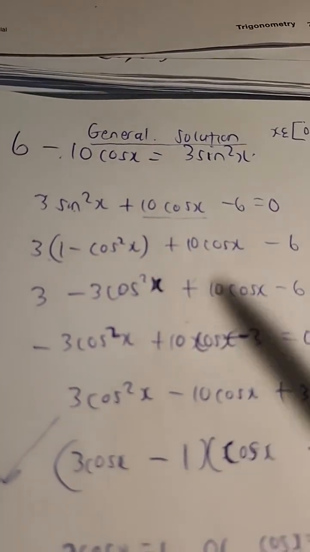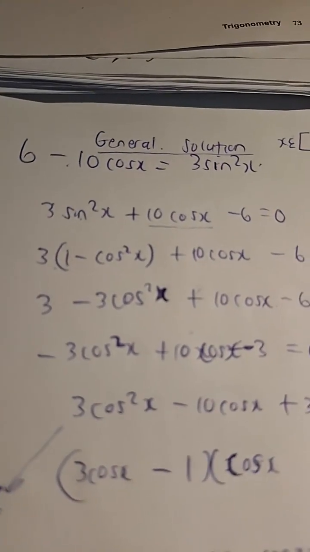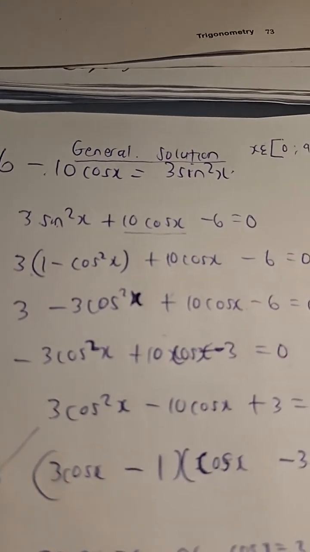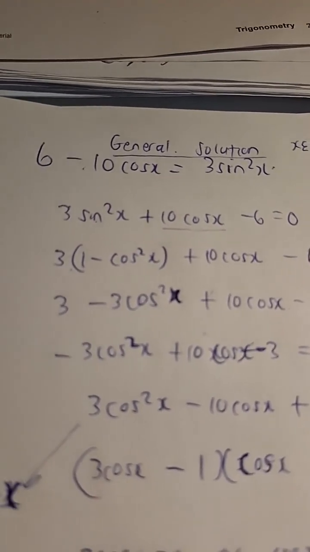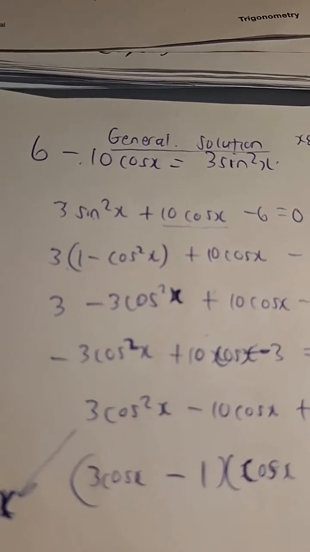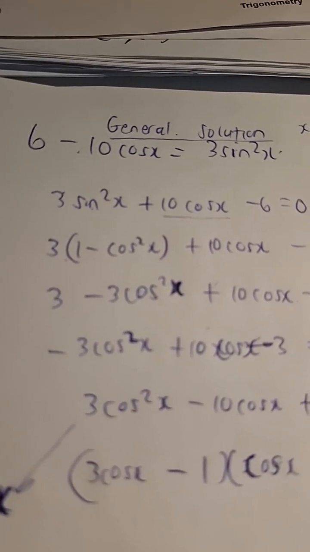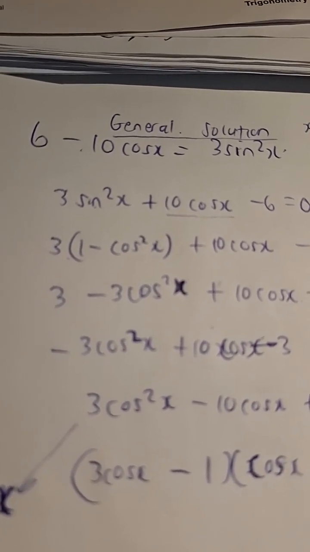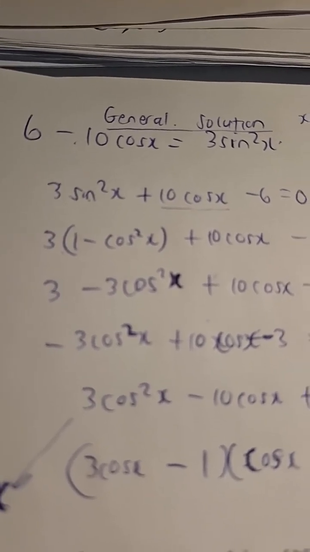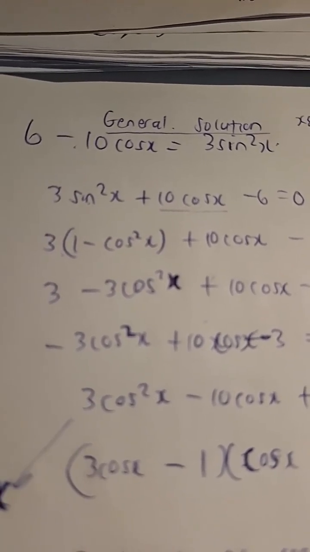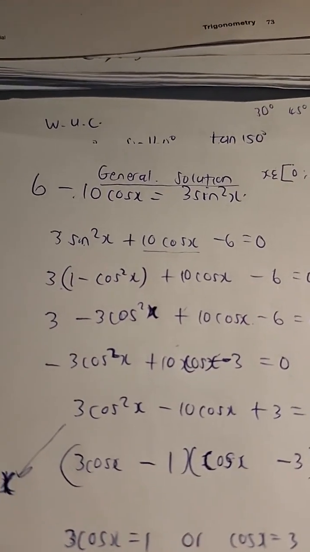One complete cycle of the tan graph is completed in 180 degrees, not 360 degrees. That is why the period of the tan graph is 180 degrees, because a complete cycle of the tan graph is completed in 180 degrees, not 360, okay? Yeah, because that is what period is.